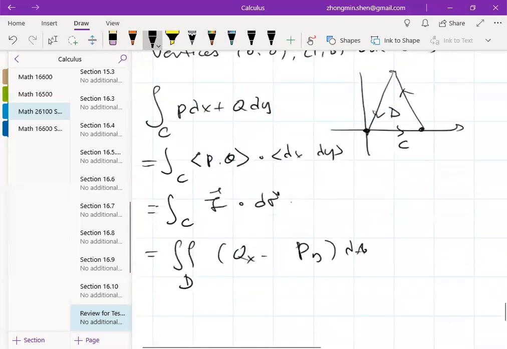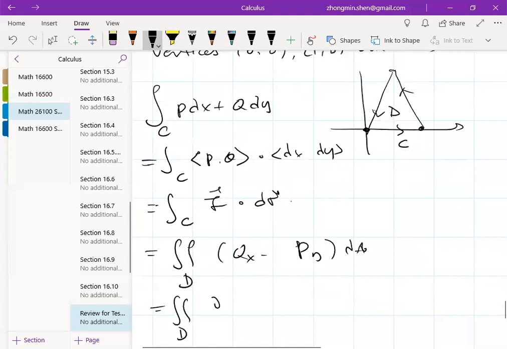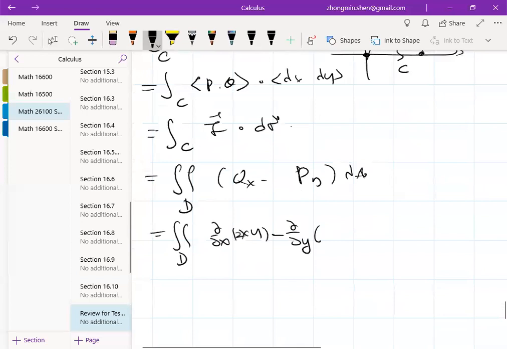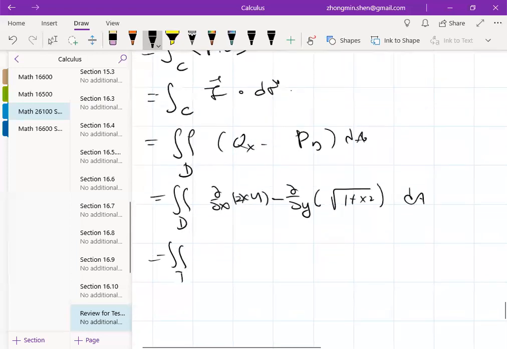Our function here, Qx, is going to be 2x times y, so it's 2y here, minus the partial derivative of P, which is 1 plus x squared dx. You will get 2y minus 0. Simple.